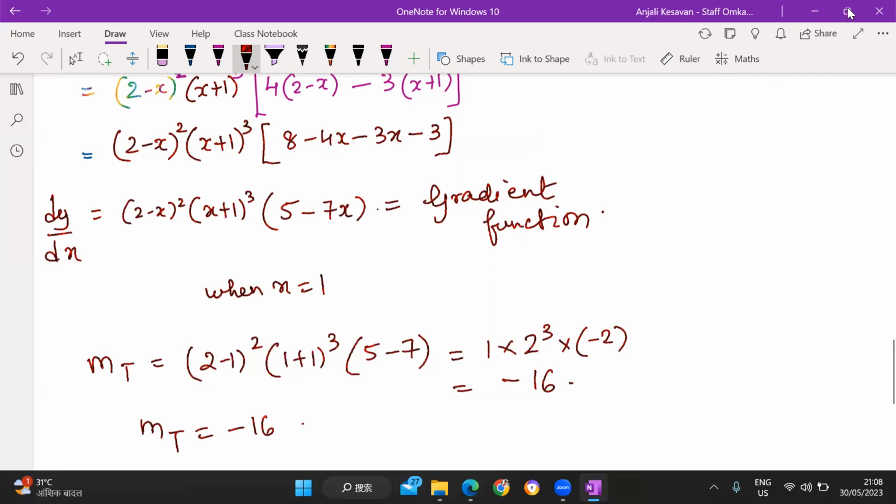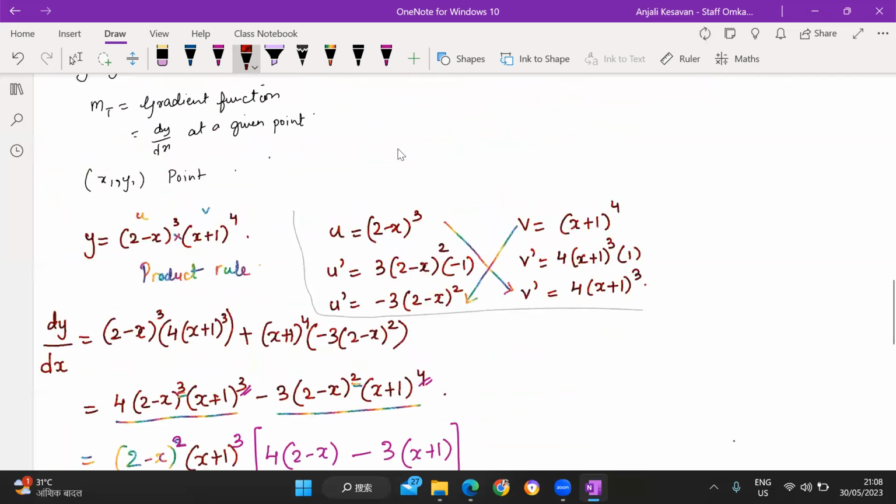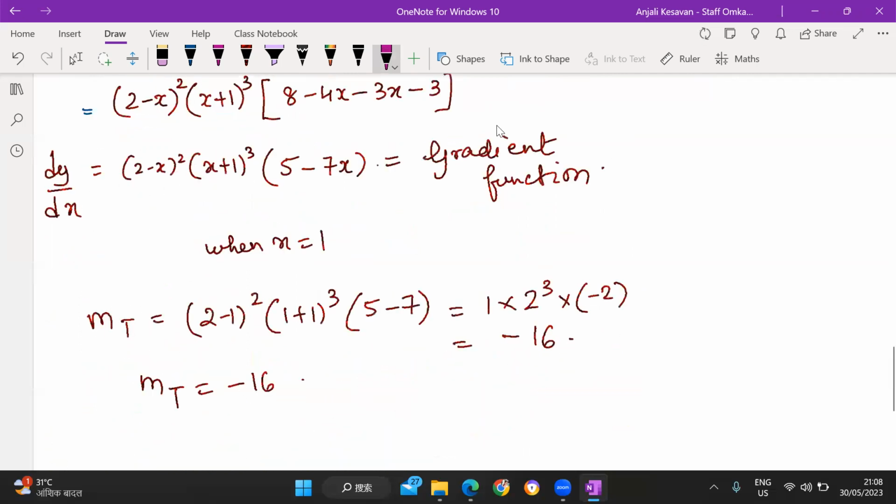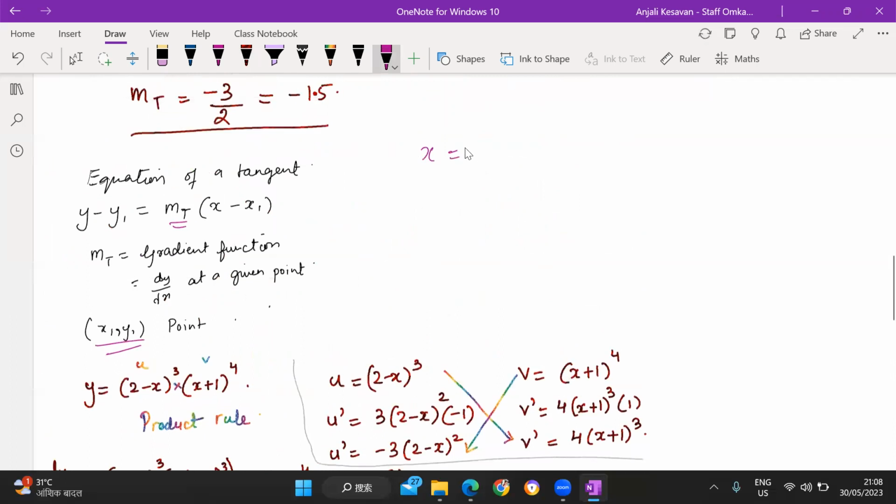Now, like I said, to find the equation of the tangent, what do we need? We need the gradient and we need the point. Do we have the point? We only have the value of x, which is 1. Correct?